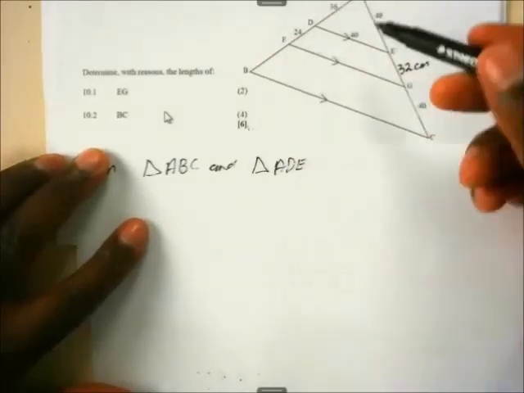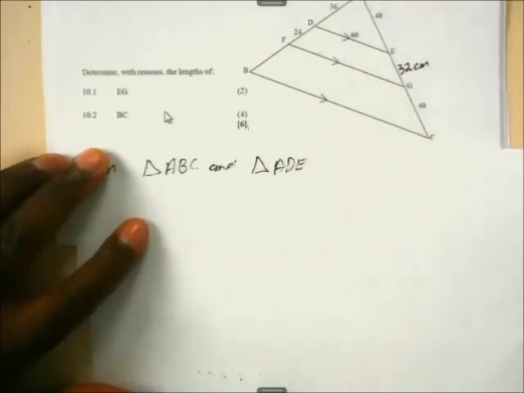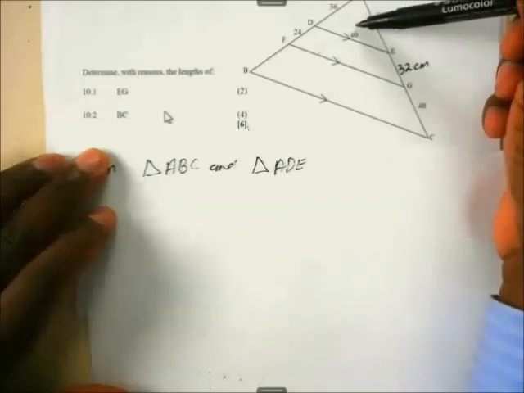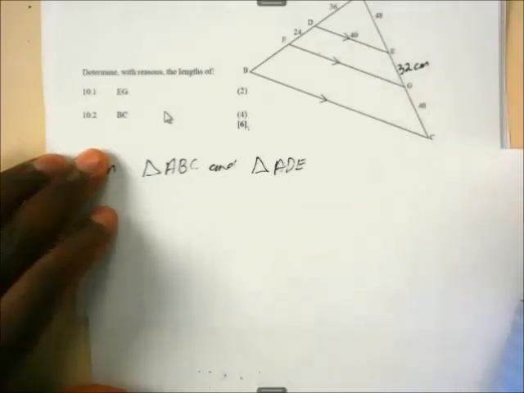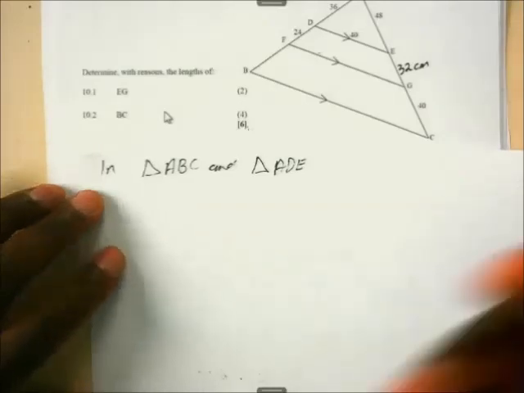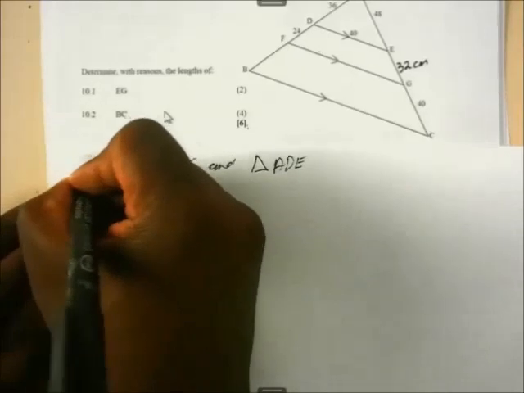I want us to prove similarity between the bigger triangle and the smaller triangle. And you know very well, to prove similarity between any two triangles, you just have to prove that two pairs of angles are equal, and then the third pair, because they add up to 180 degrees, will automatically be equal. We are busy with 10.2.